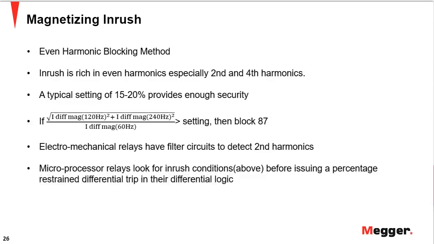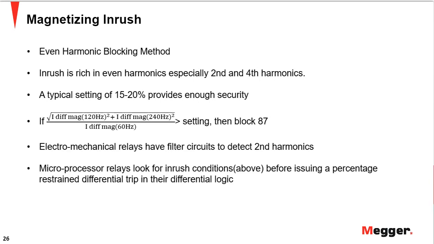For example, let's take 15% as a second harmonic setting. Anytime the presence of a harmonic current with respect to your fundamental signal, which is 60 hertz, goes beyond 15% of the fundamental current, then the differential would be blocked, because then it's an inrush condition.